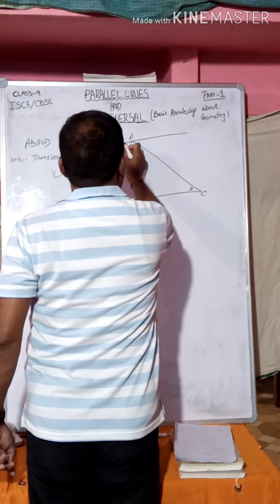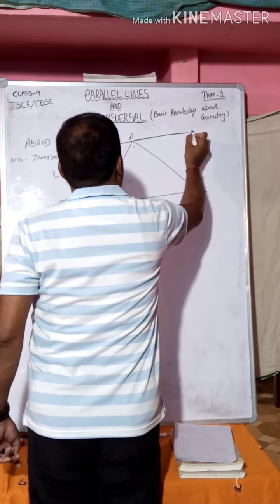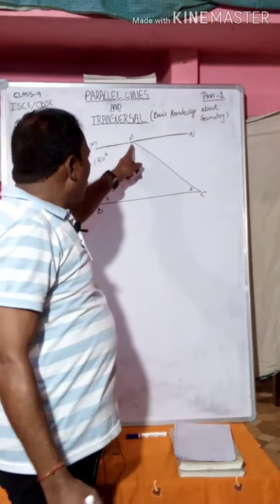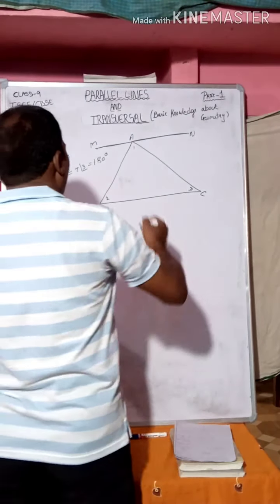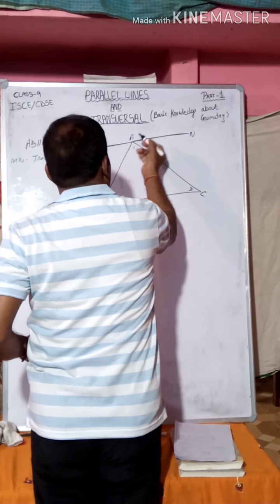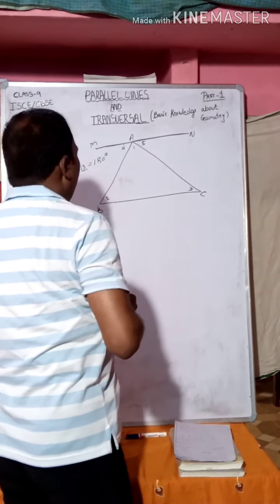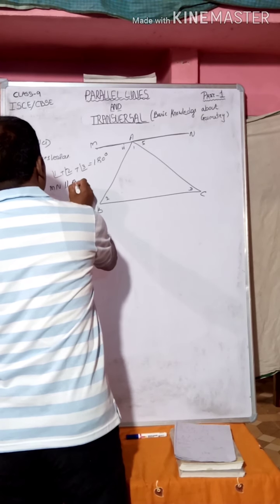Suppose that is M and N. MN is a parallel line that goes through vertex A and forms another two angles. Suppose this is angle 4, this is angle 5. So MN is parallel to BC.